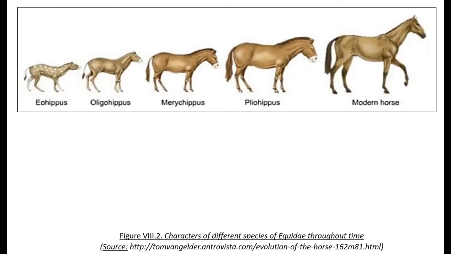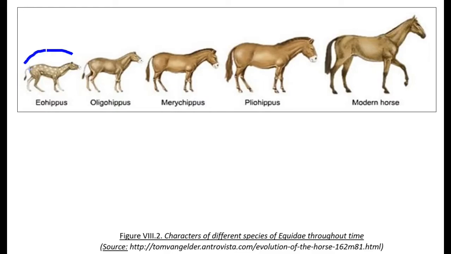The first thing we're going to look at is just the global size of the different types of horses. So these are drawings which try to represent what these horses would have looked like. So we can see that when you go from left to right, towards the left are older species, and towards the right are more recent species.